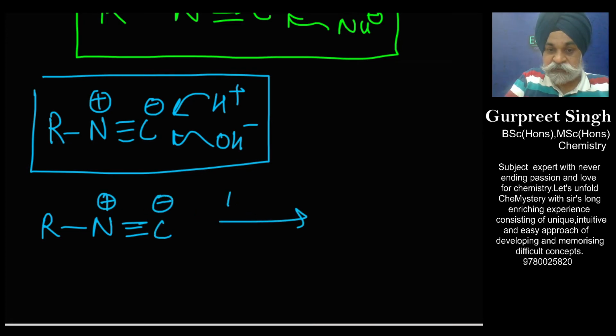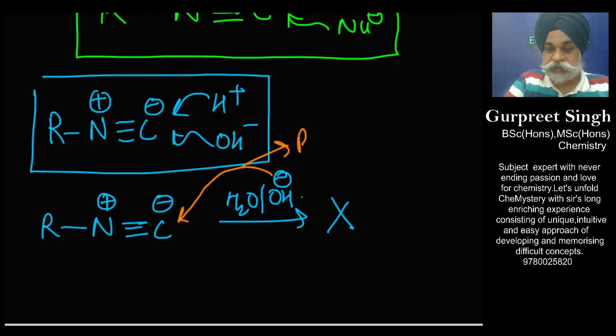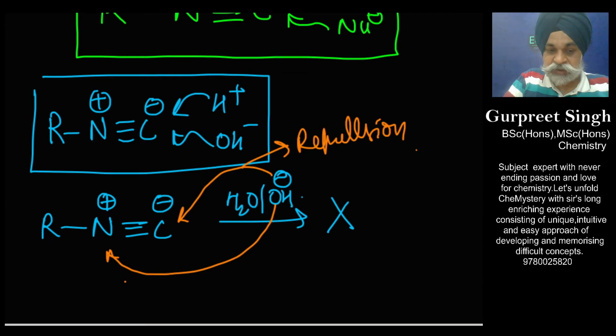If I have water and into this you have a catalytic amount of base, this hydrolysis would not happen, because this OH negative cannot attack the negative part, as there would be negative repulsions. And by the same viewpoint, this OH negative can also not attack this nitrogen because the octet of nitrogen is complete.